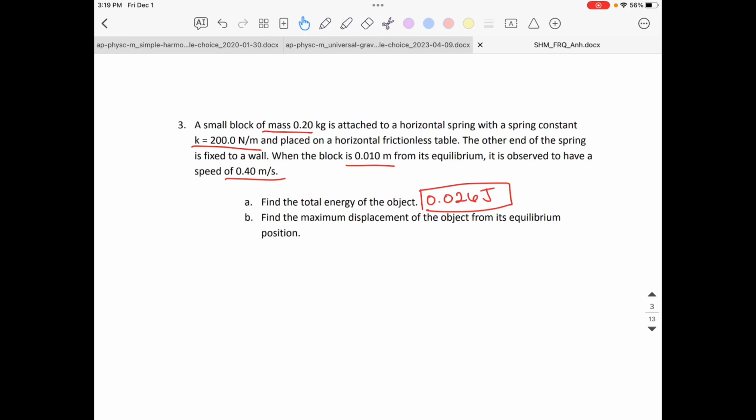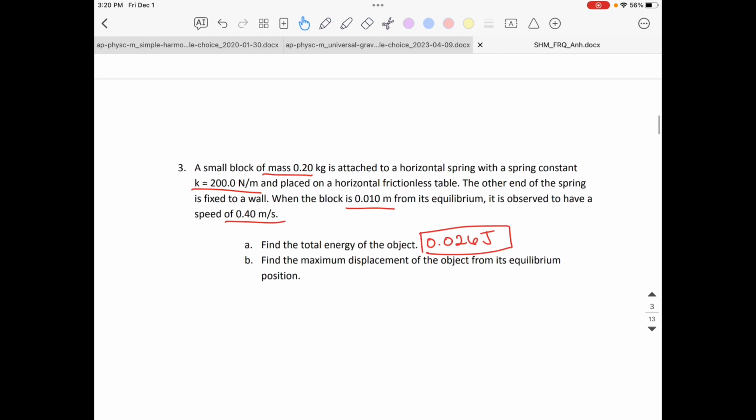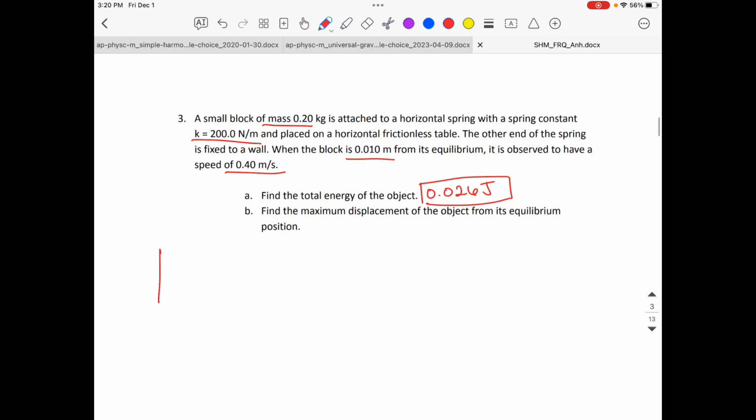For part B, we've got the max displacement of the object from its equilibrium position. So if we have the block on a horizontal surface, that's when the block is stretched to its maximum position.